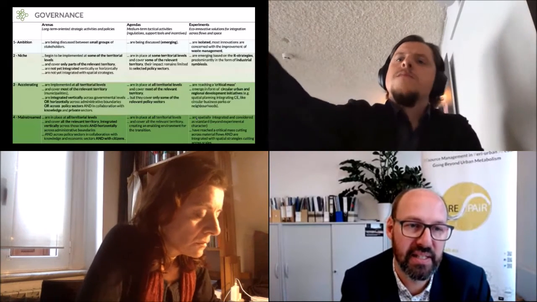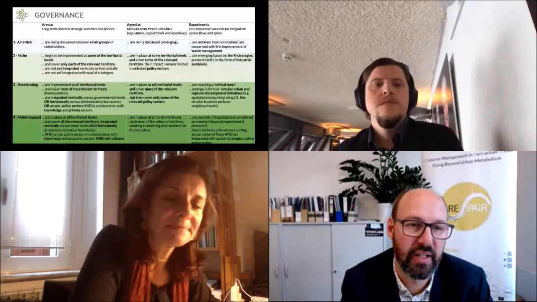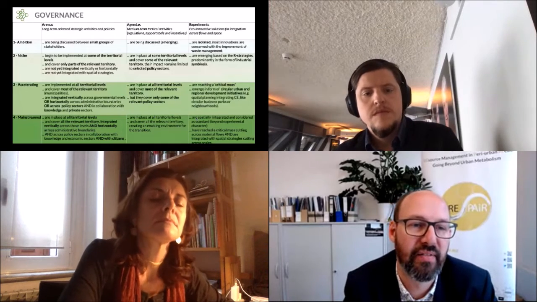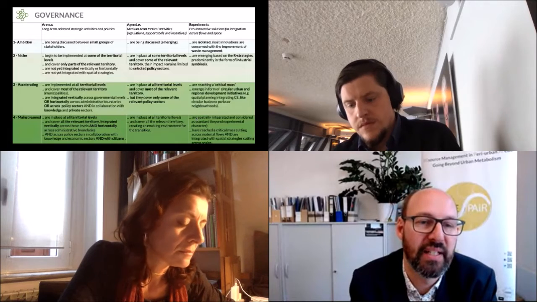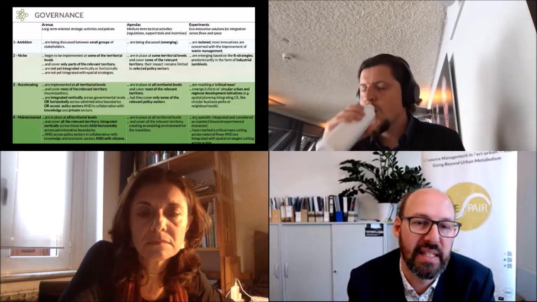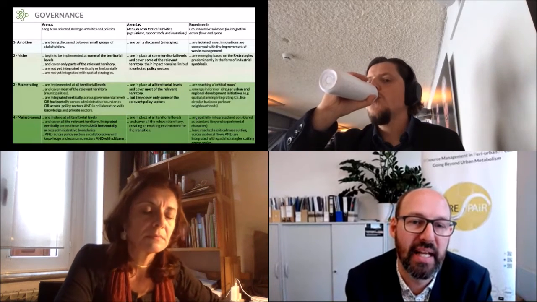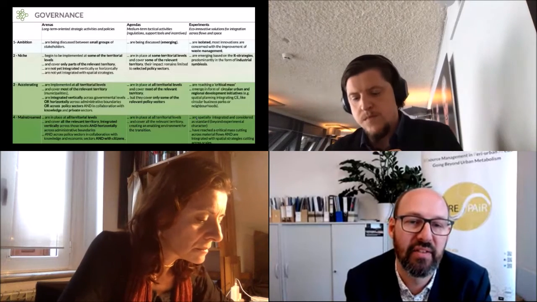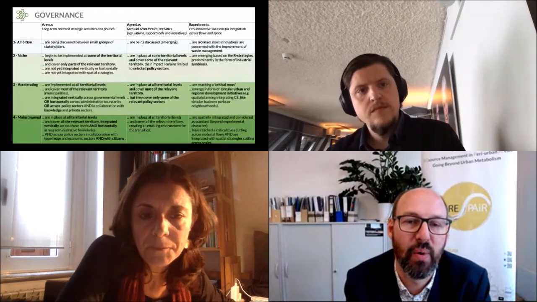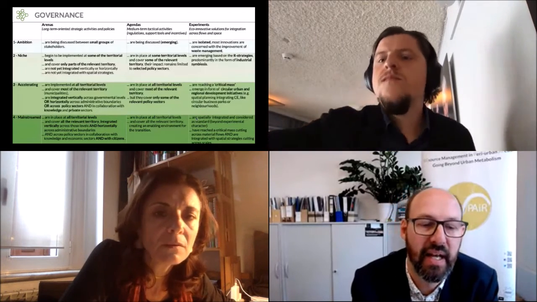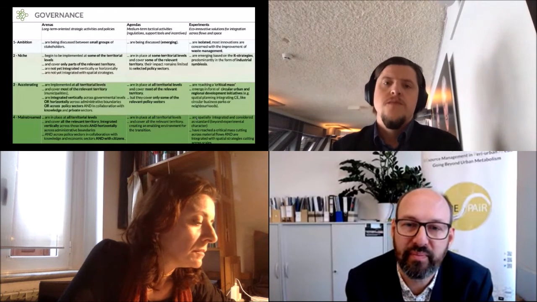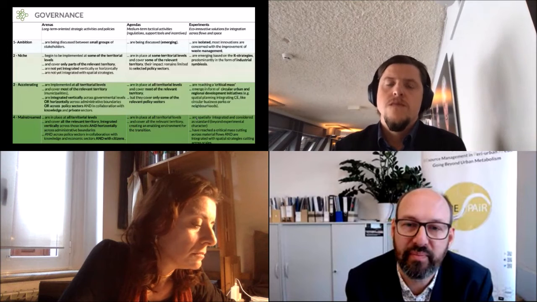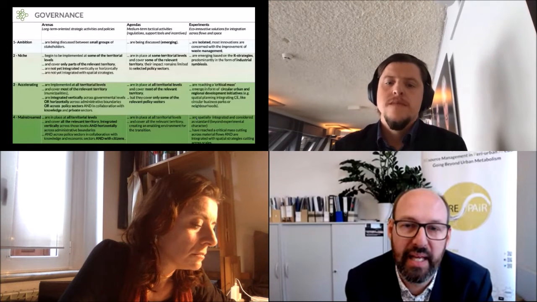The arenas, that's the first column, arenas of governance, which represent long-term oriented strategic activities and policies. And then the second column are agendas. They are medium-term technical activities like regulations, support tools, and incentives. And then the third column, experiments, eco-innovative solutions for integration across the flows and space.